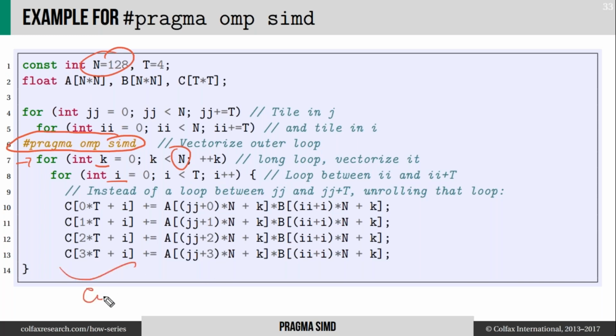With respect to K, this is a constant, this is unit stride, and this is also unit stride. Well, here is guided automatic vectorization. I'm not happy with automatic vectorization, so I provide the compiler with some guidance with regards to what to use.